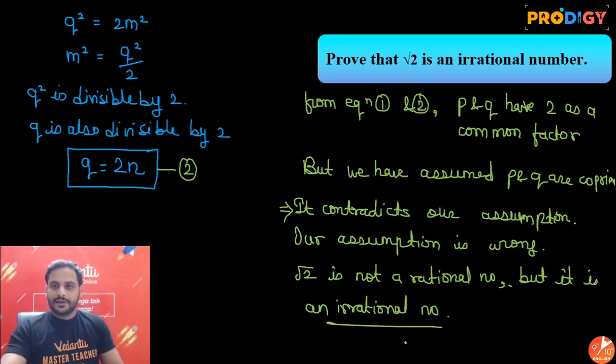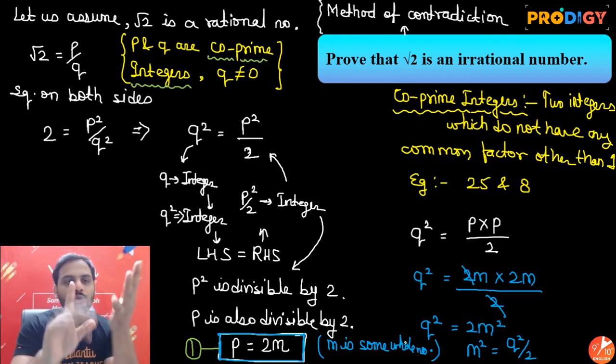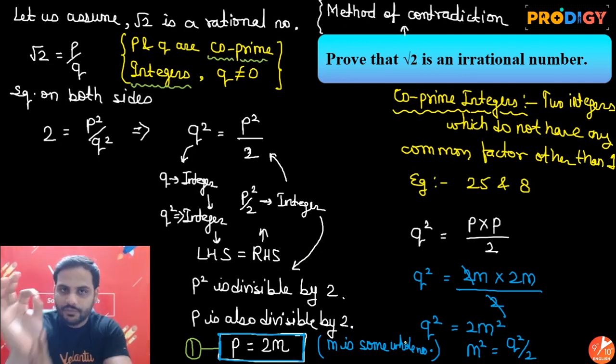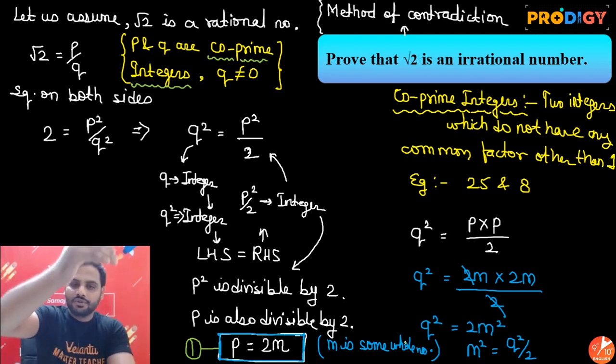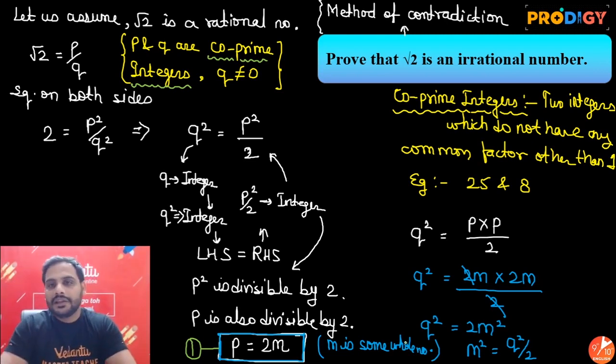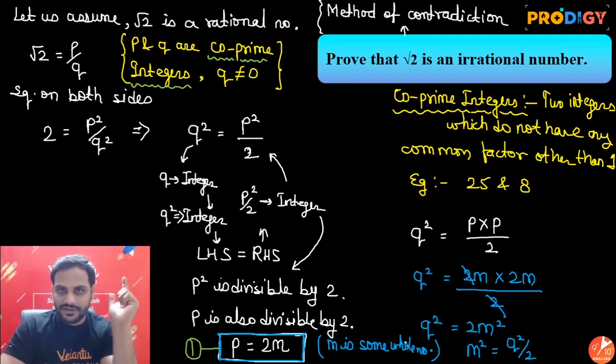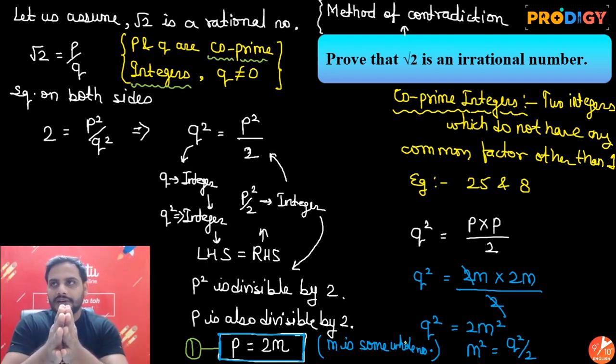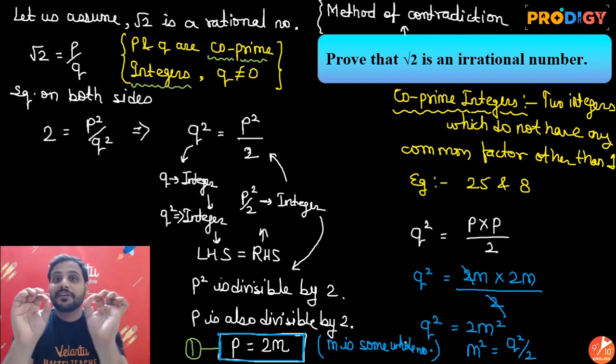Now see, beta, let me tell you very clearly the proof of root 2, root 3, root 5, root 7. When these kinds of questions come, you have to solve in this manner, method of contradiction, and these questions are comparatively lengthy. They give you a single irrational number, root 2, root 3, root 5, root 7. But when they give you a combination, like prove that 5 plus root 2 is an irrational number, those questions are comparatively easy.